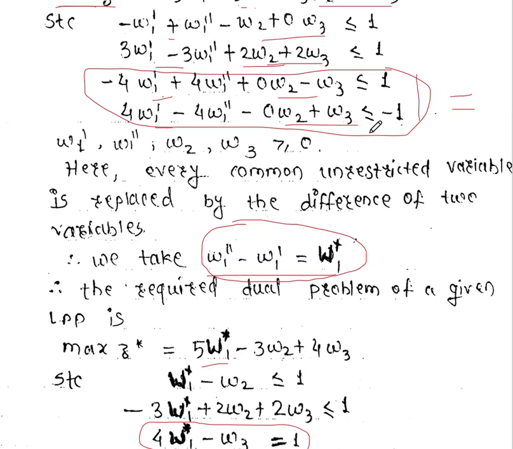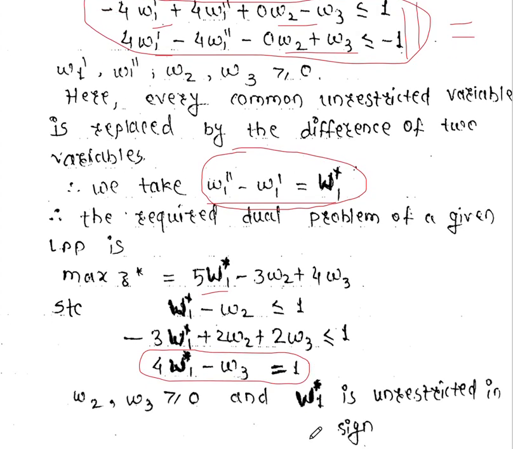So from these two equations we can write directly 4 capital W1 star minus W3 equal to 1. Here W2 and W3 are greater than or equal to 0. These are the dual variables, and capital W1 star is unrestricted in sign. So this is the complete solution of the given LPP, how to obtain the dual problem from a given primal problem.